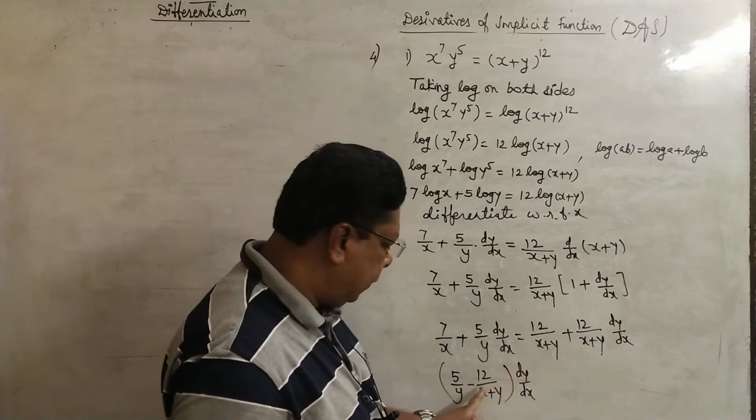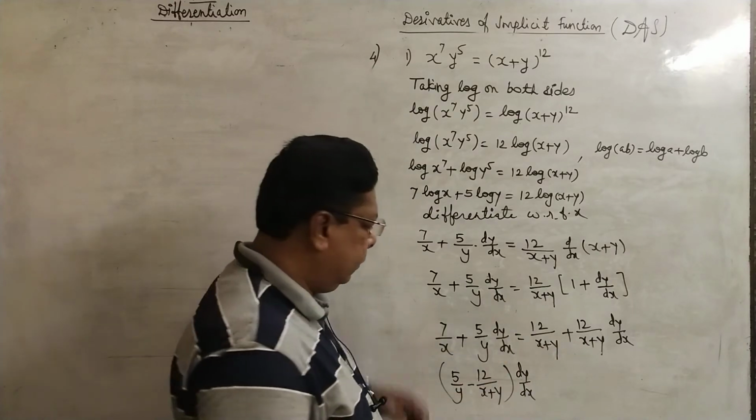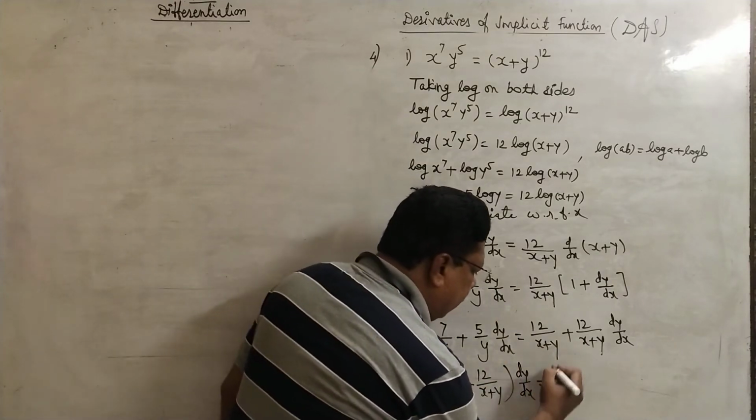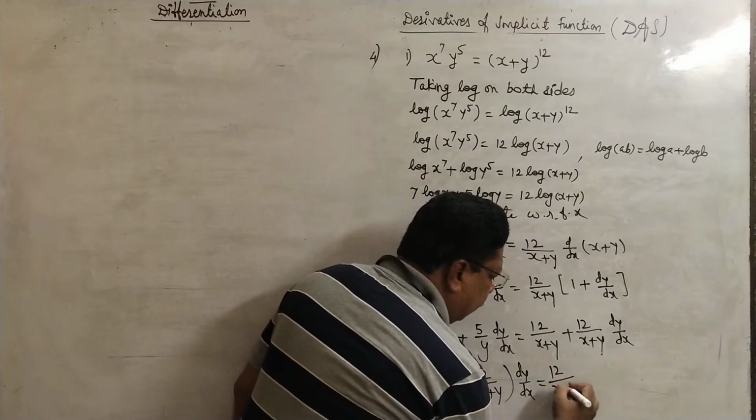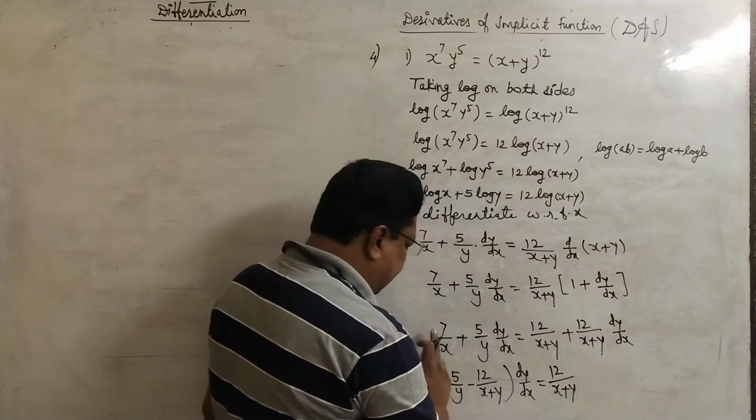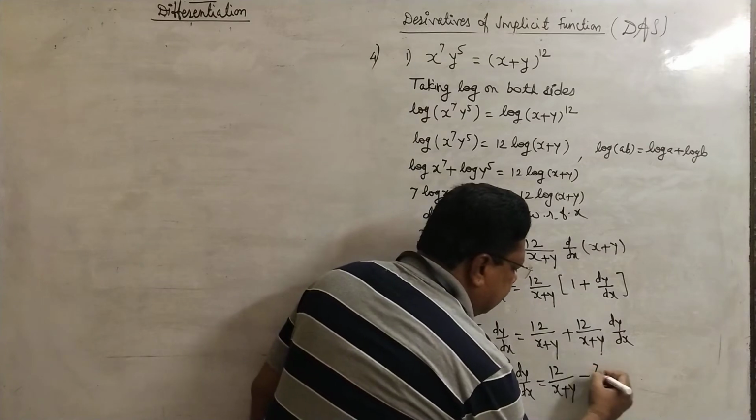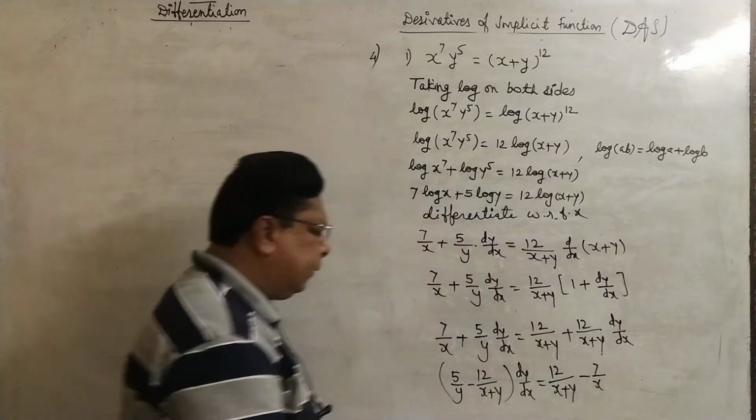This positive term becomes negative. LHS is equal to the remaining terms, 12 upon x plus y. Set this term on the right hand side, minus 7 upon x.